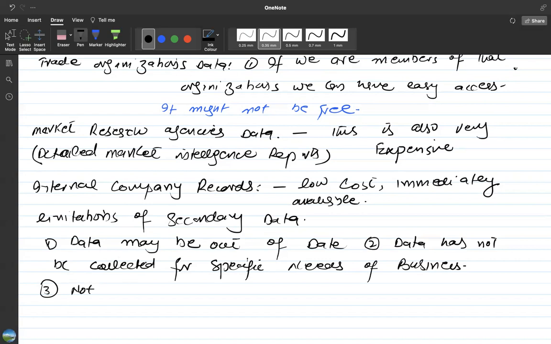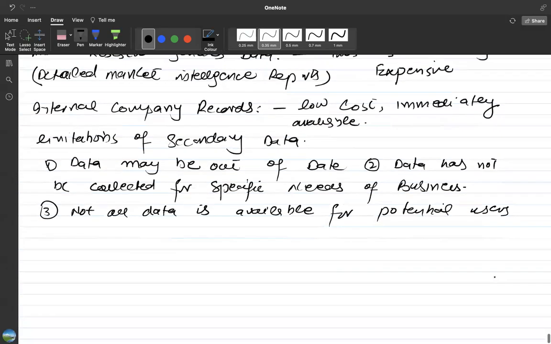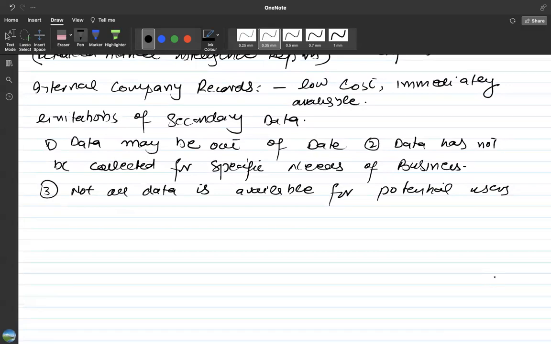Companies might not give their sales records, the customers' feedback and all that. And sometimes data is too vast and diversified, so that you cannot extract something out of that.